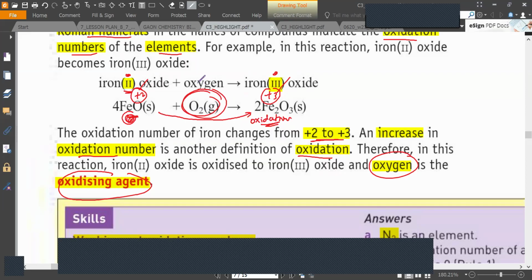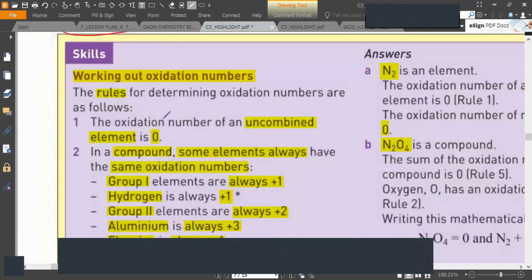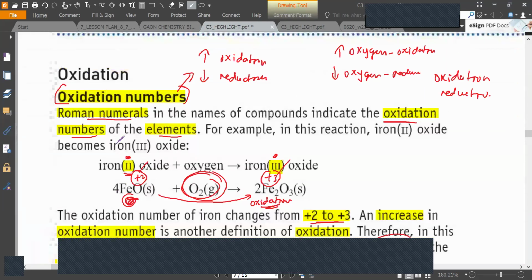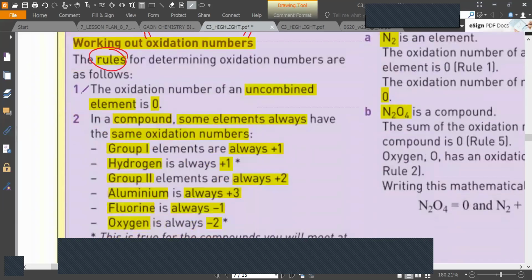How do we work out the oxidation number? There are some rules. Just now, looking at the Roman numeral is one way. Next, we follow this rule: an uncombined element is always 0.